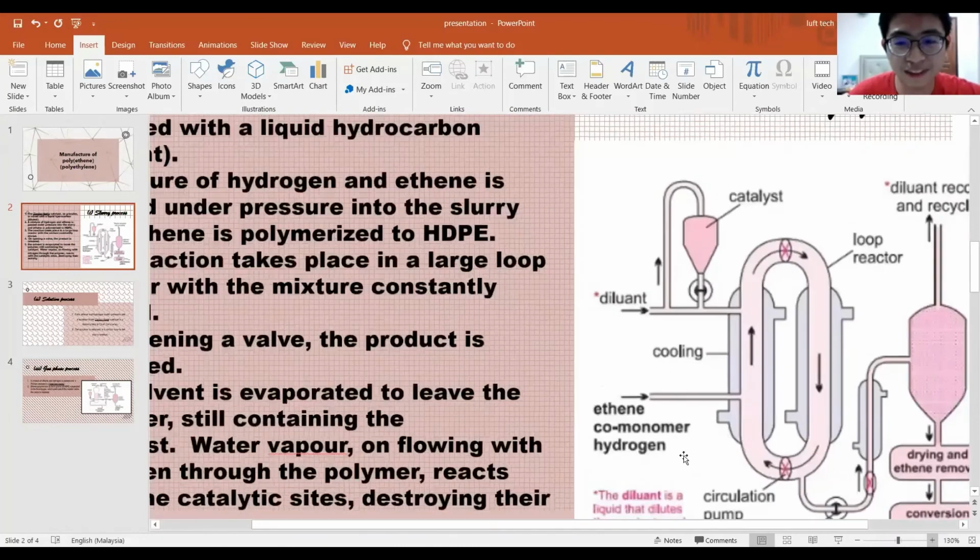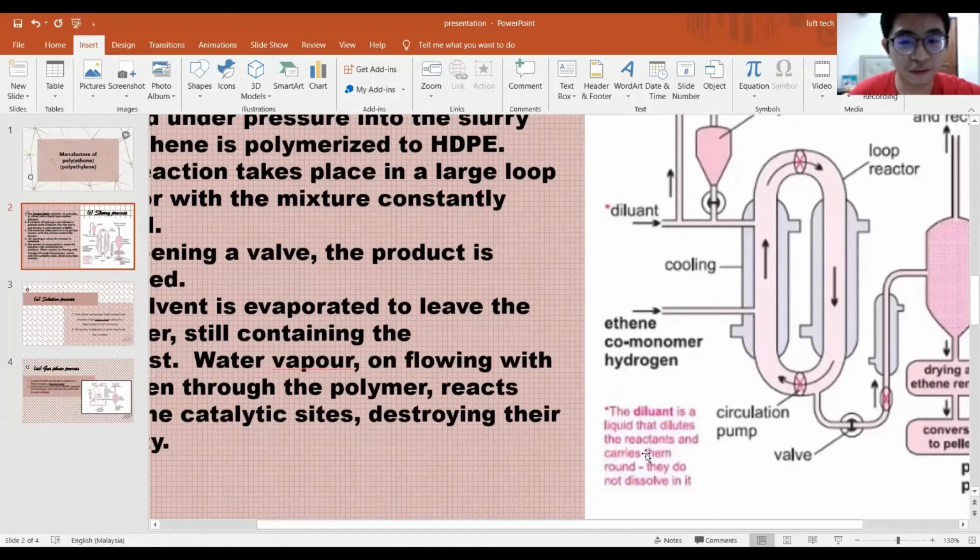A diluent is actually a liquid that dilutes the reactants and carries them round. But take note that we always think that if we put something inside a solution, it will dissolve in it. That's a completely different case when it comes to diluent. They do not dissolve in it, which differs from the solvent that we used to know.